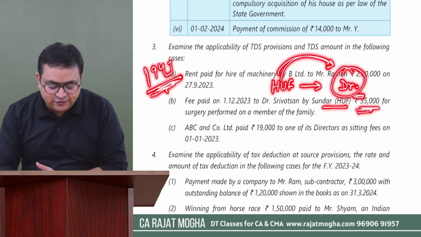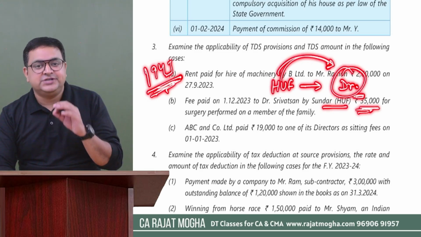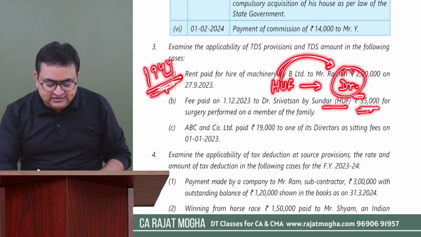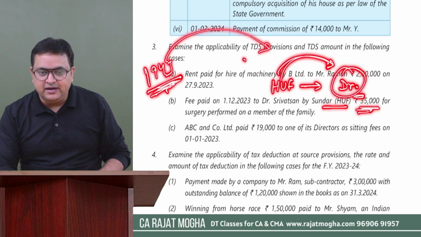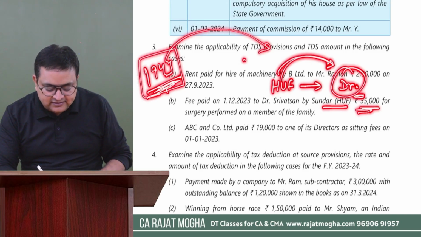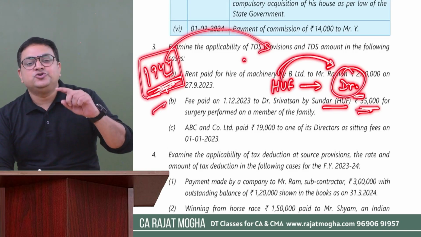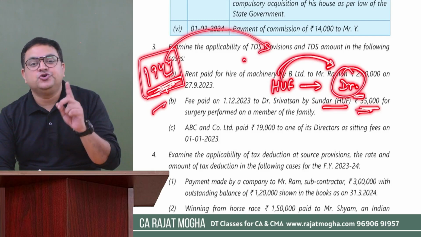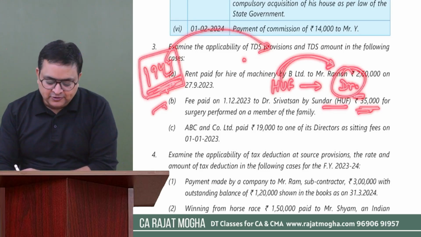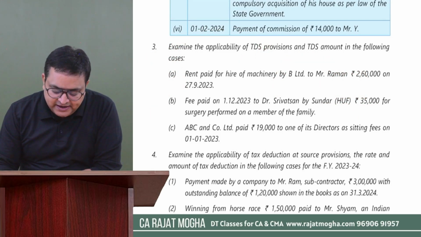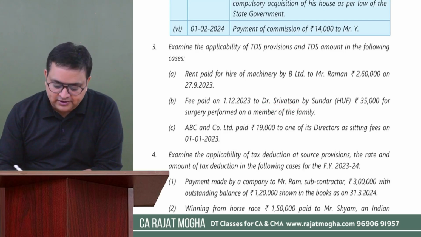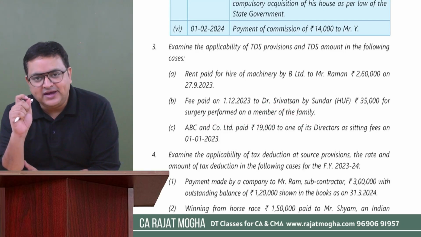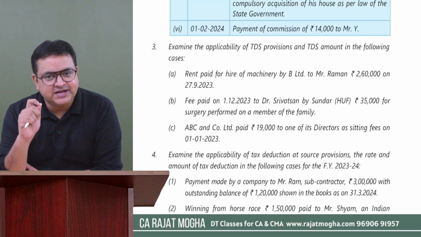Because if you remember 194J, it is mentioned over here that for this particular payment, if you would like to deduct TDS under this section, the payment should be for your business purpose. It should not be a personal payment. So here, the payment is made to Dr. Sri Vatsan for the surgery performed on a member of the family. So in this case, 194J cannot apply.